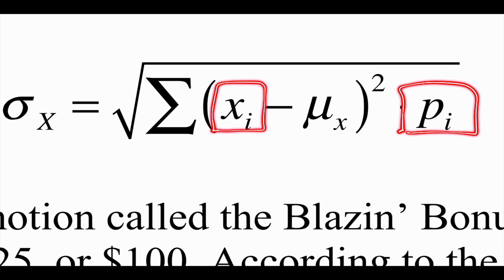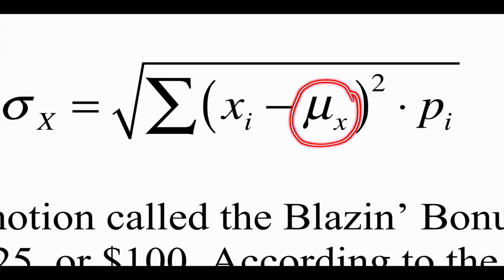P is probability, X is random variables, which are values. What is this guy? Mean, right? That's just the mean.